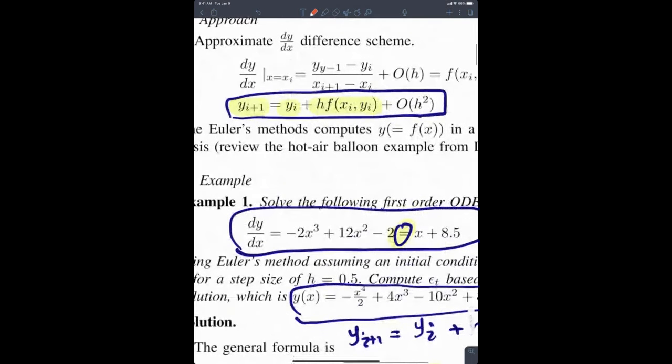If you can afford to make this h smaller, sometimes you can't, because you're only as good as the data you have. If we have data at every 1 second, and if we have data every 0.5 second, we can do better. But if you don't have the data, these approaches can work even without that. So that's an advantage.